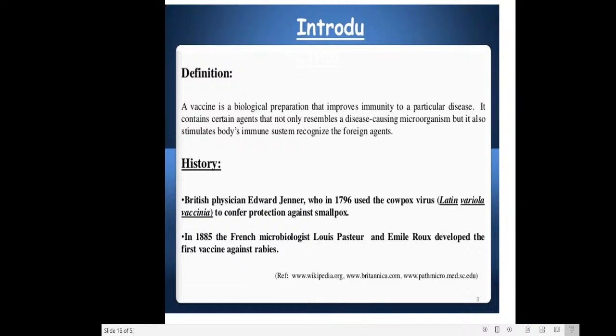We have the Louis Pasteur research laboratory for vaccine production in the Ooty Coonoor area, because in that particular place we provide vaccine for all over the world.